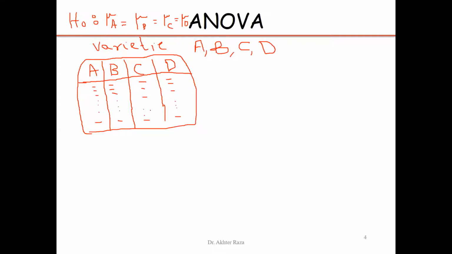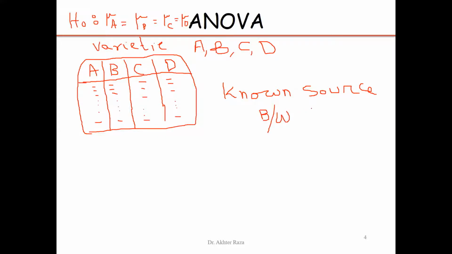Now I want to explain the known source and unknown source. There is one known source. What is that known source? The known source is between varieties. The output may change due to the varieties. So I will use the term between varieties.